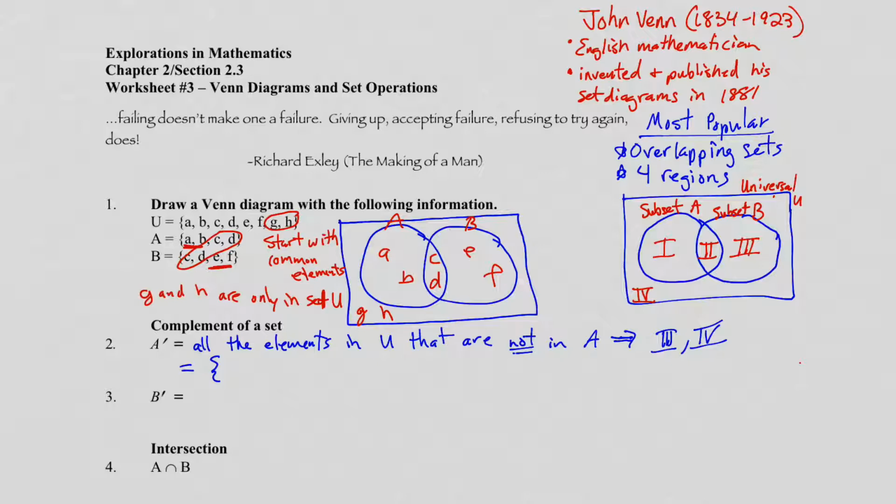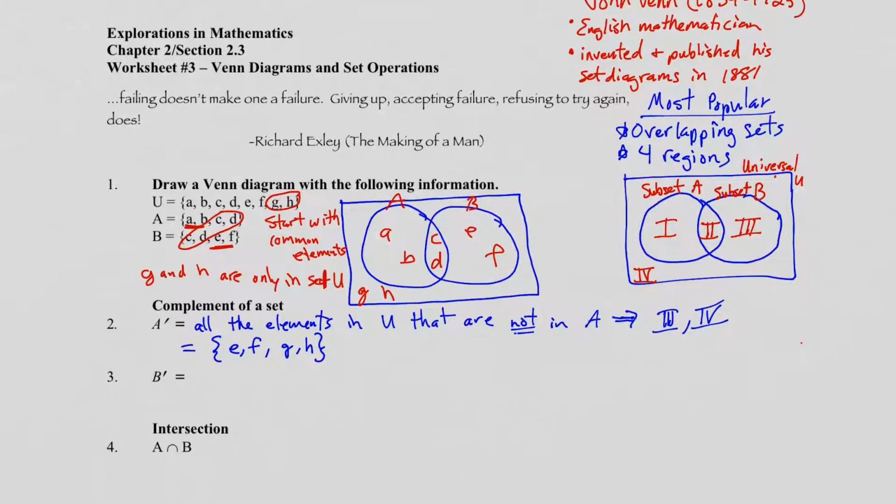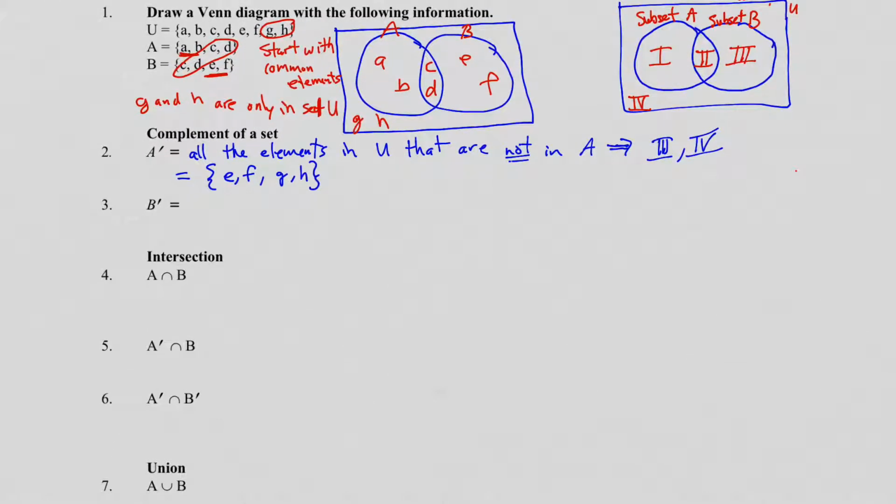That's B only, which is E, F, and then region 4 is outside the two circles, G and H. So all the elements in U that are not in set A, which is regions 3 and 4, and then we write those elements down.